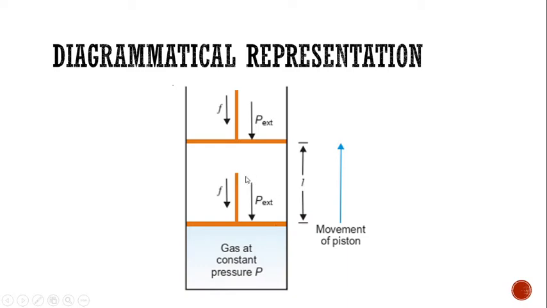As this external pressure exerts a force on the piston, if this external pressure decreases, then this piston slightly moves up through a distance L up to this point.